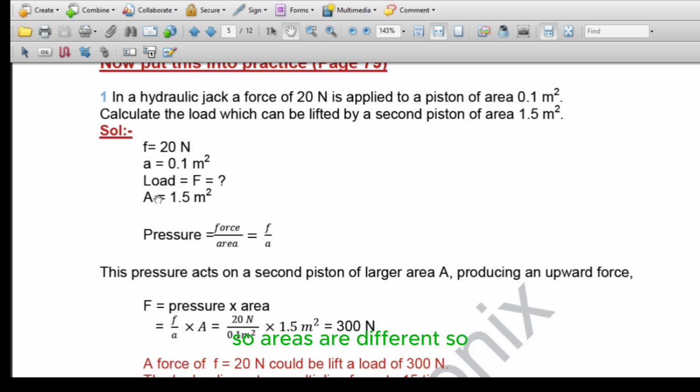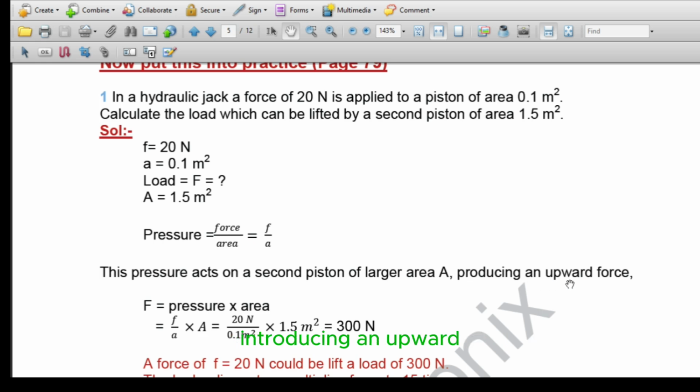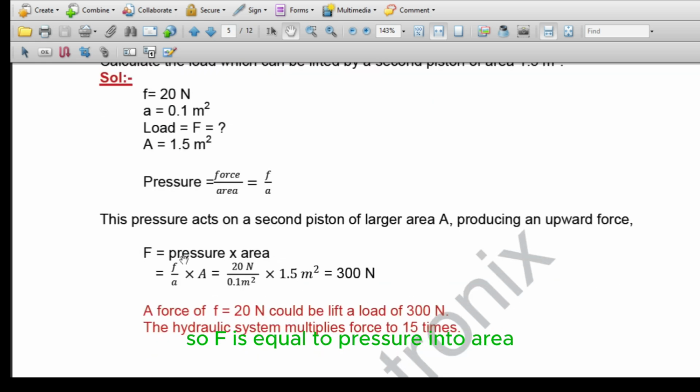The areas are different. So the pressure acts on a second piston of a larger area, producing an upward force. So F is equal to pressure times area. Pressure is written as F upon A, and area is capital A. So F upon A is 20 Newton upon 0.1 meter square, multiplied by this 1.5 meter square.